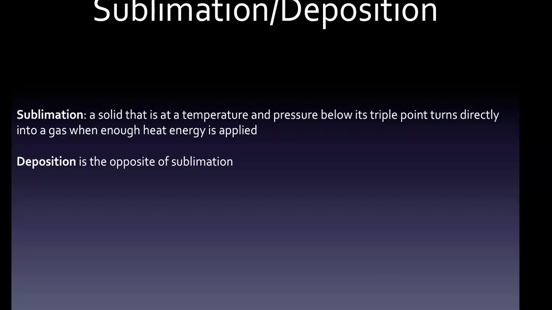While deposition is really the opposite of sublimation, a gas that is at a temperature and pressure below its triple point turns immediately into a solid when heat energy is removed.